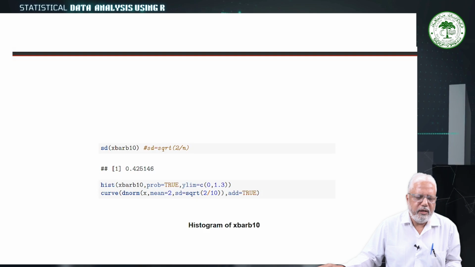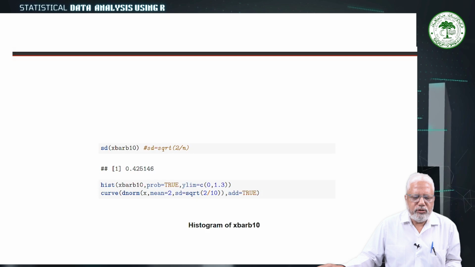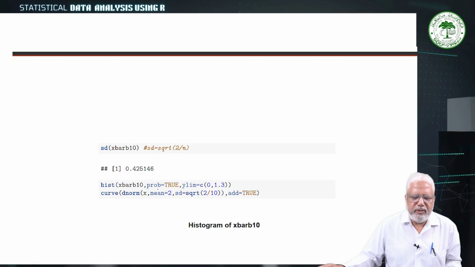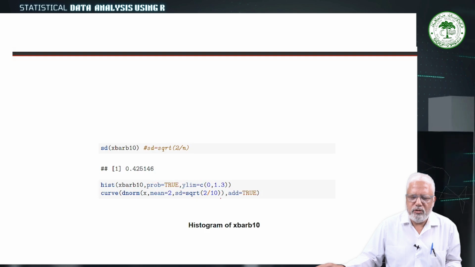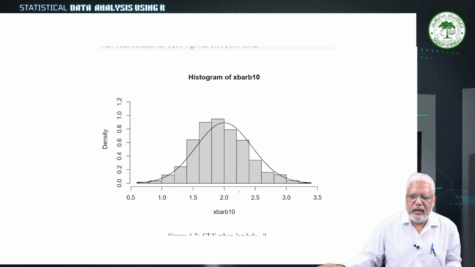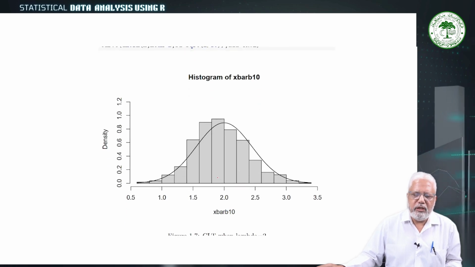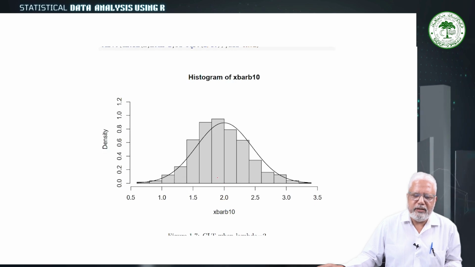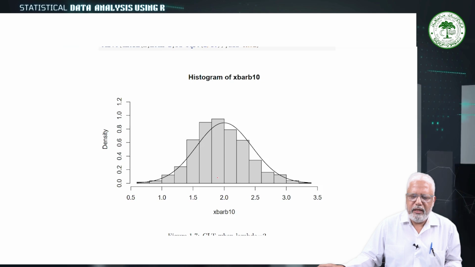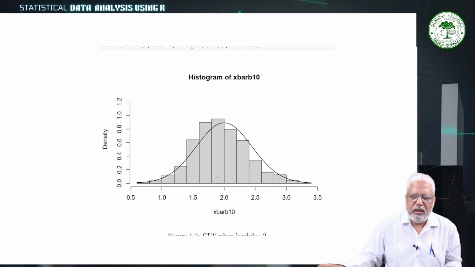Now we are making a histogram. Histogram, prob equal to true, ylim, and curve dnorm, mean equal to 2, SD equal to the square root of 2 by 10, add equal to true. See here, the agreement between the normal distribution and the histogram simulated by the replicate function, they are not in good agreement.